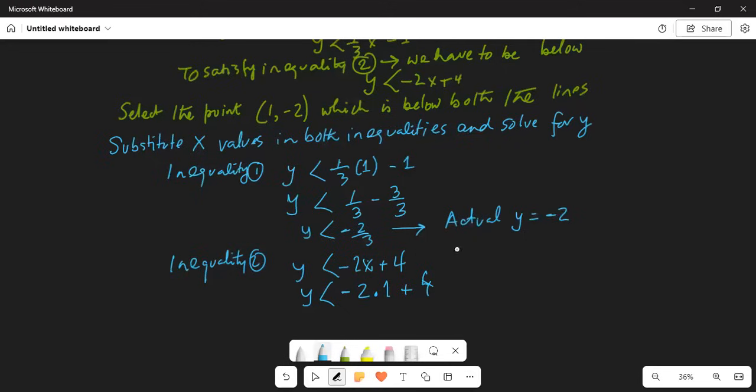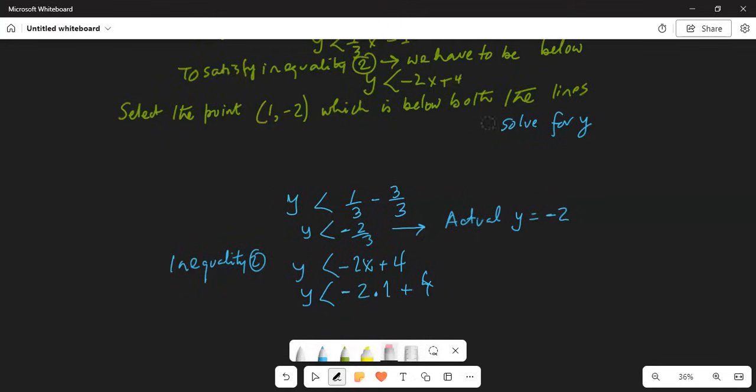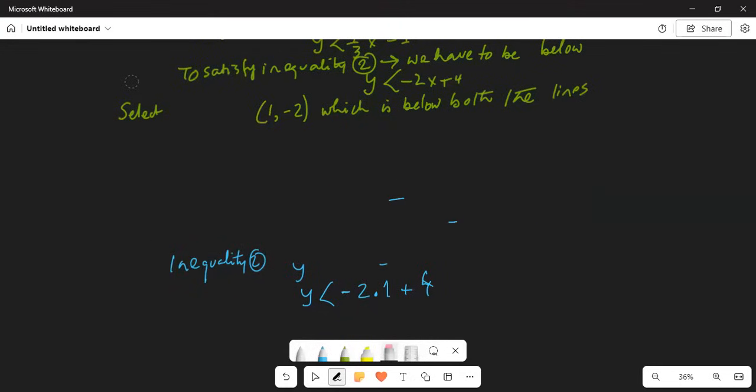Actually, let's repeat this calculation. We know the intersection point, and we should not arbitrarily select a point. We have to be in the right area. Let me erase all of this.